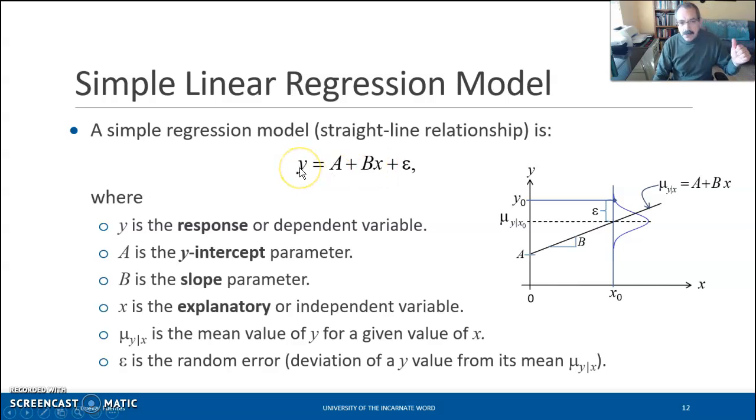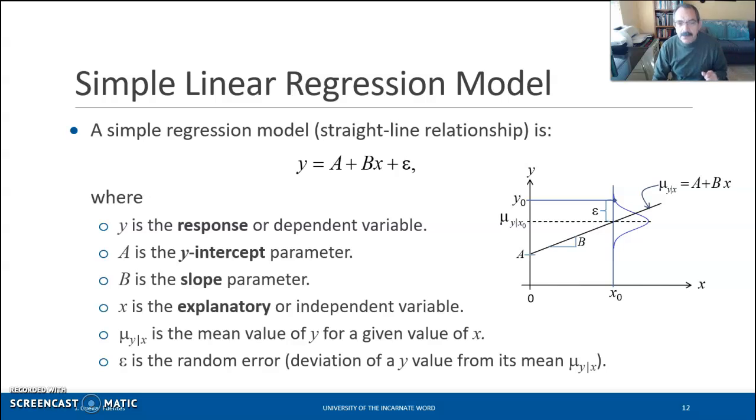So y, again, is the response variable. A is the intercept parameter, so that's where the line intercepts the vertical axis. B is the slope parameter, so this is the rate of rise of the line. X is the explanatory variable, and we have this parameter, the mean of y at a given value of x.